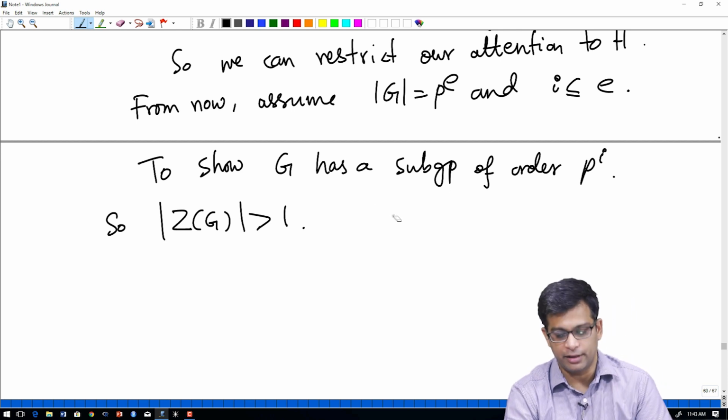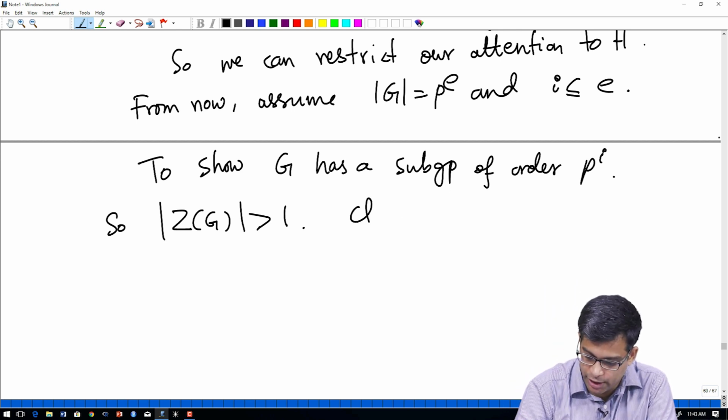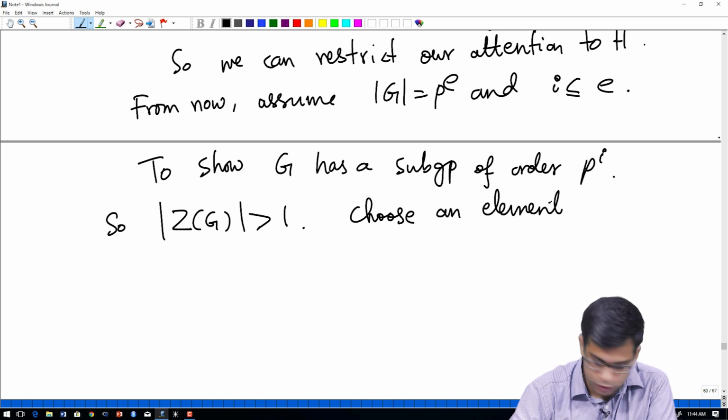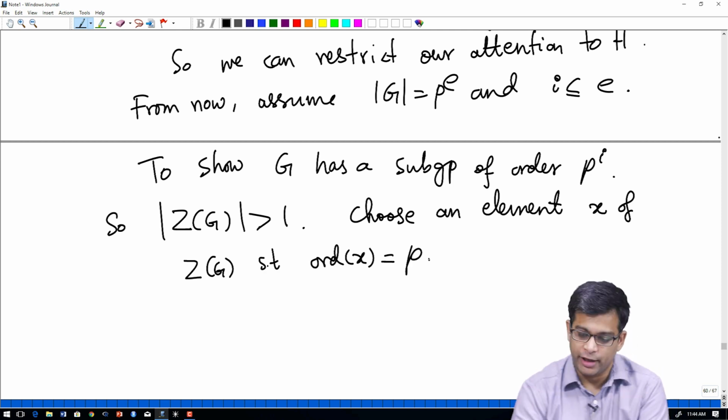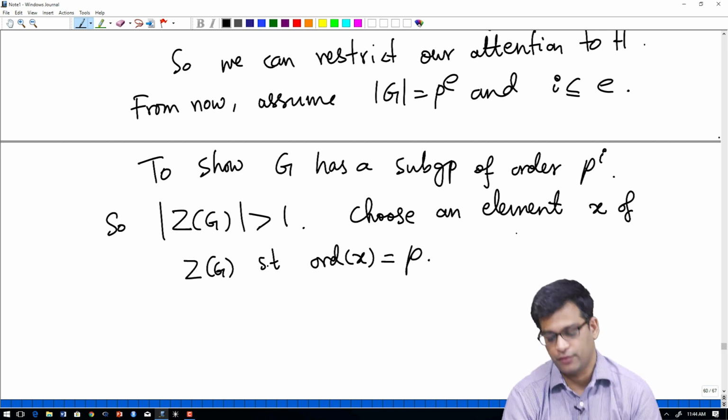It has non-identity elements, so I can always choose an element, let us call this x, of the center such that the order of x is p, and in order to do this I use the corollary to the first Sylow theorem.